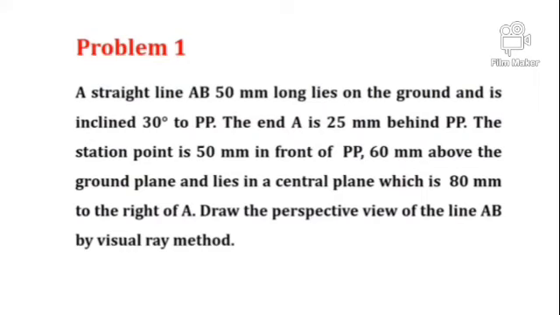The station point is 50 mm in front of PP, 60 mm above the ground plane and lies in a central plane which is 80 mm to the right of the point A. Draw the perspective view of the line AB by visual ray method. This is our problem.